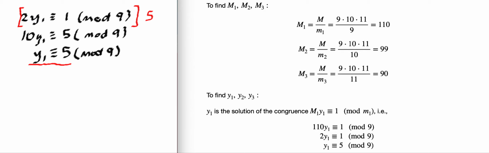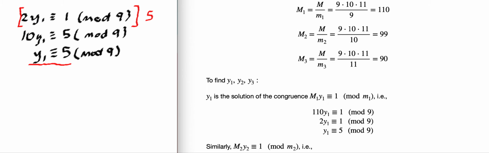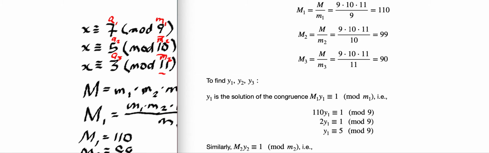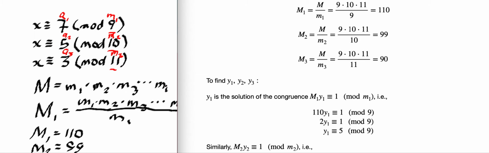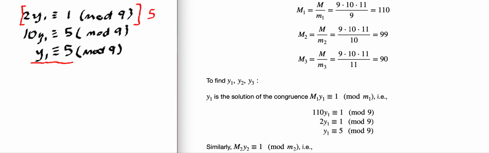Okay? And then we're going to move on to the next. Similarly, we need to find the y sub 2. So we have first the congruence: big M sub 2, y sub 2 is congruent to 1 mod small m sub 2. Big M sub 2 is 99. Small m sub 2 is 10.